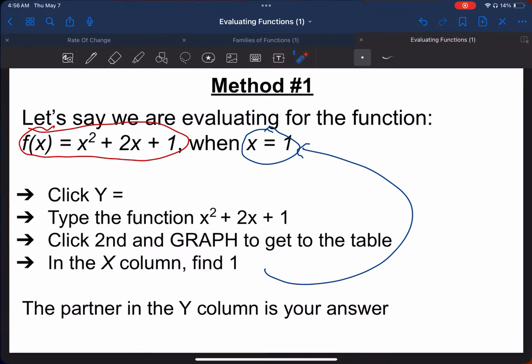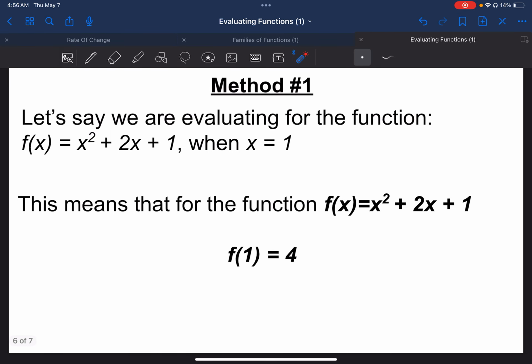So if we go back here, what this means is that for the function f of x equals x squared plus 2x plus 1, when we're given the input of 1, the output is 4. So f of 1 equals 4.